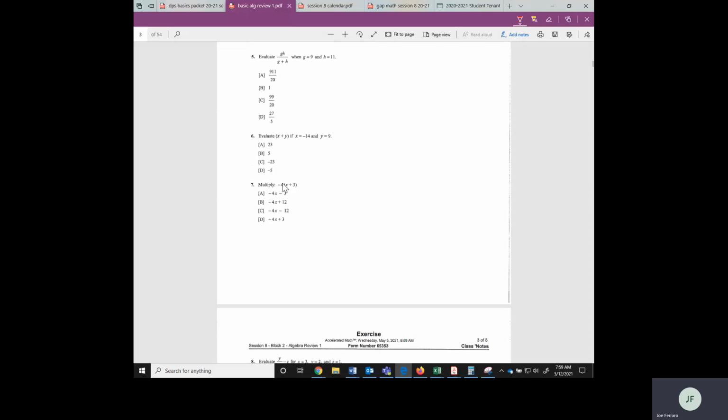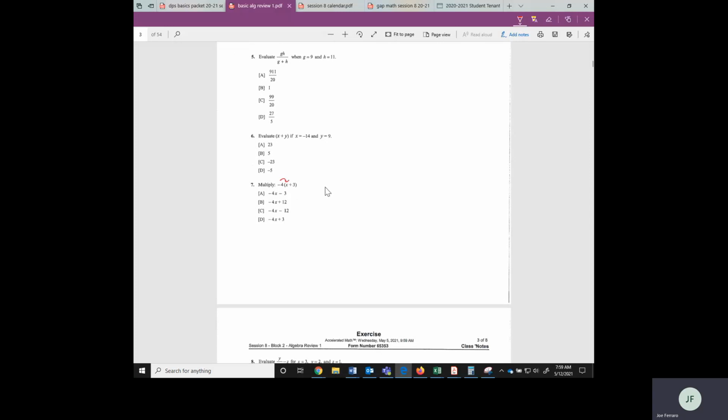But what you're going to do is, when a number is next to parentheses like this, that means multiply. So we are taking -4 times the group x plus 3. So what we do is we take what's outside, and we multiply it by the first term here.